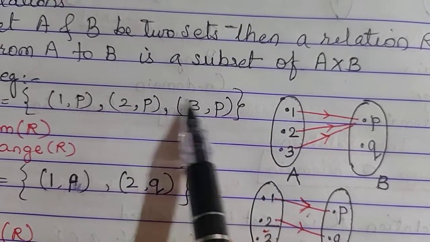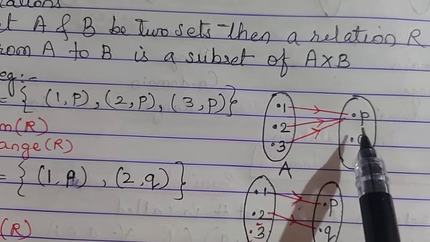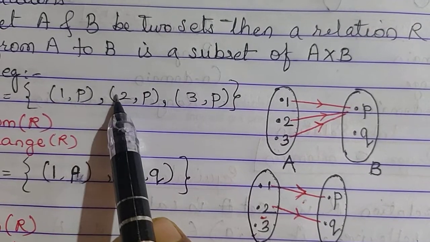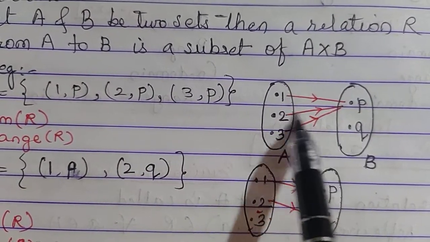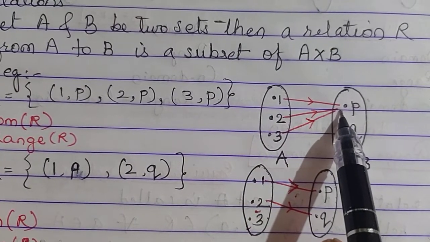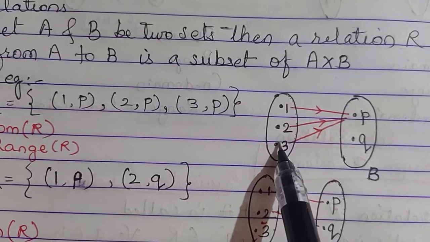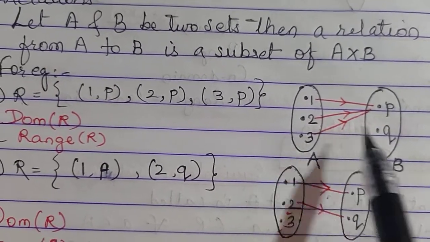In the set A the elements are 1, 2 and 3. Okay. In the set B the elements are P and Q. Now 1 is related to P, 2 is related to P, 3 is related to P. Okay. So by this arrow we can show this relation. So this is the simple diagrammatic representation of the relation of two sets.